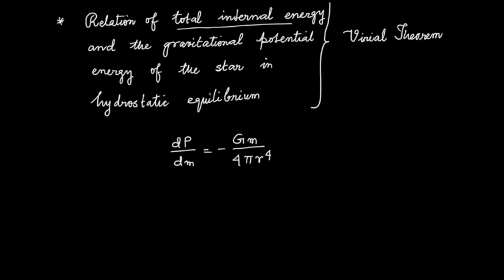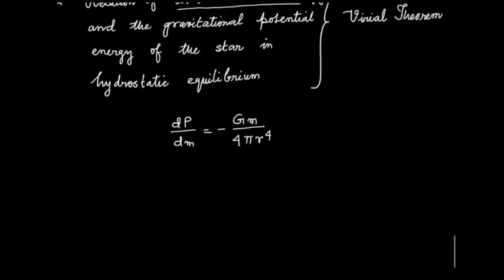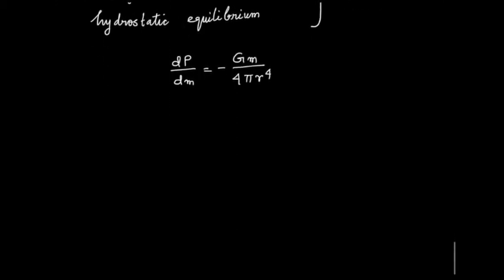Now we are talking about total internal energy and total gravitational potential energy. So this expression can be written as minus G m dm by 4 pi r to the power 4.